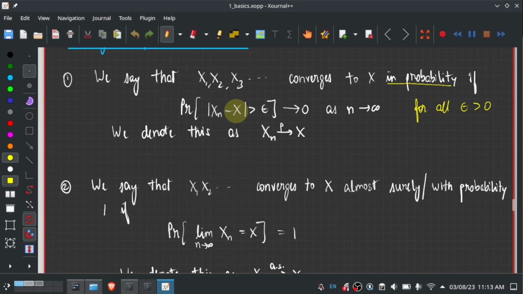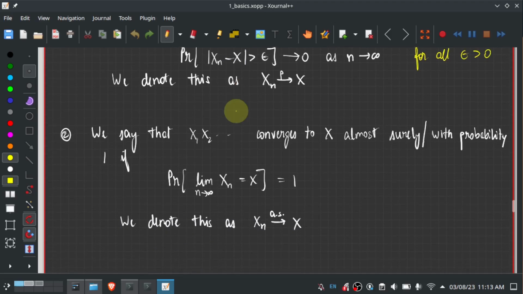I'll introduce a couple of notions of convergence and then we'll see how they're different. We'll see some examples of each of these. There's a slightly stronger notion of convergence, which is called convergence almost surely, or convergence with probability 1.